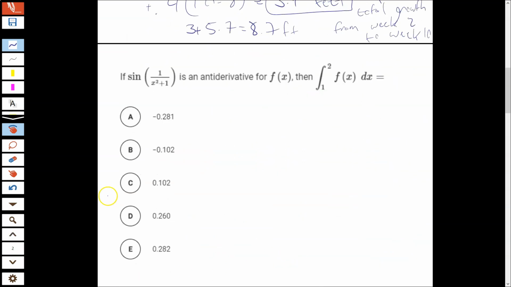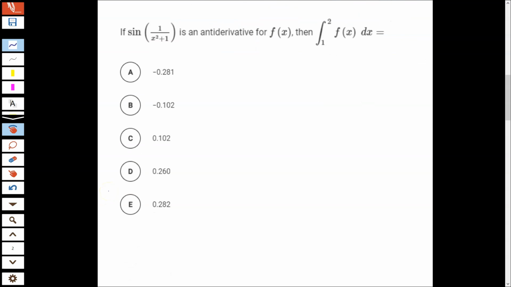Okay, next one, really the next two look sort of intimidating, but they're actually much easier than you think they are. So take a second, read this one, and really think about it. Sine is an antiderivative for f.